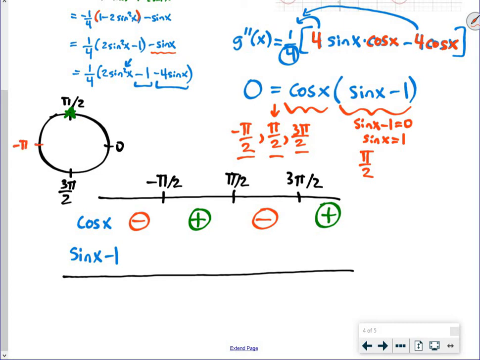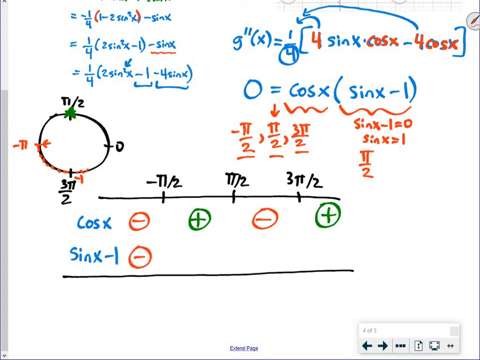negative pi onward, the value of sine here is 0. Then we go to negative 1 at that point. So if we do negative 1 subtract 1, that's negative. So we're still negative there.